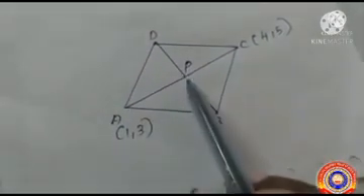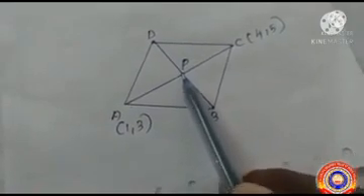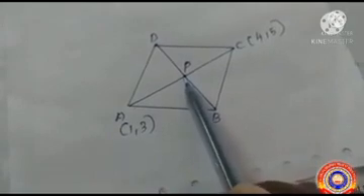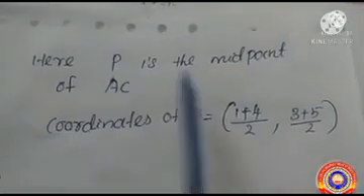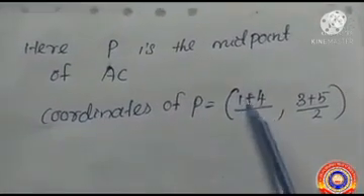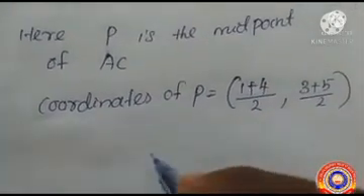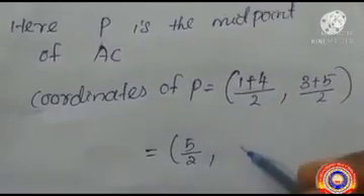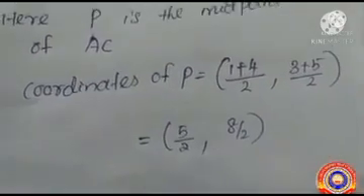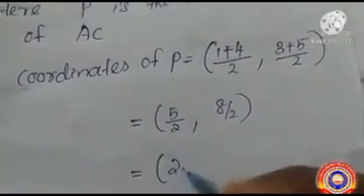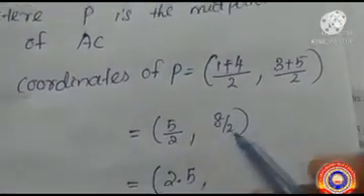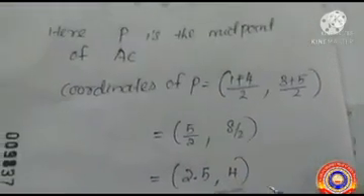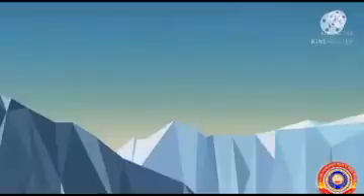Here P is the point of intersection of the diagonals and it is considered as the midpoint of diagonal AC. So coordinates of P is equal to ((1 + 4)/2, (3 + 5)/2), which is equal to (5/2, 8/2), which is equal to (2.5, 4). The coordinates of P is equal to (2.5, 4).